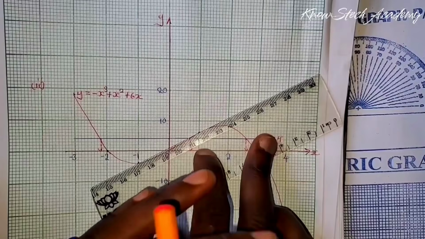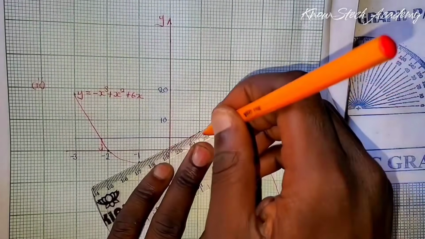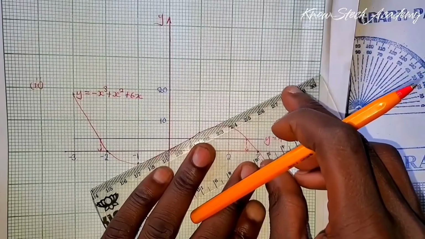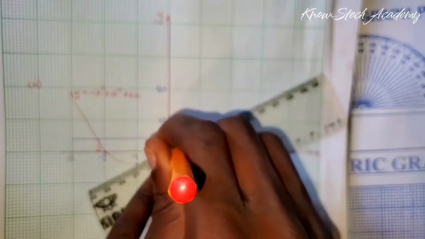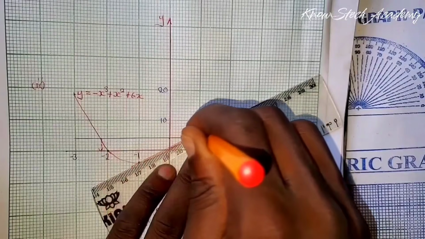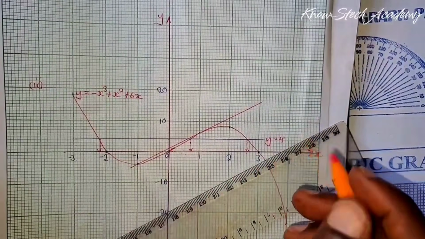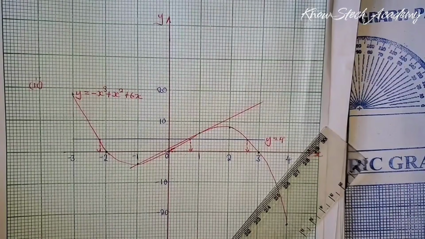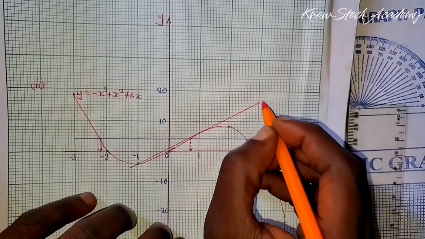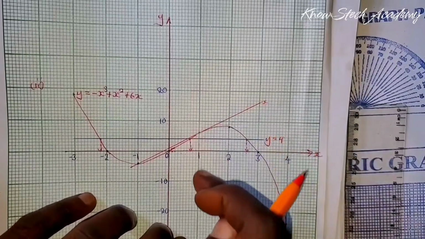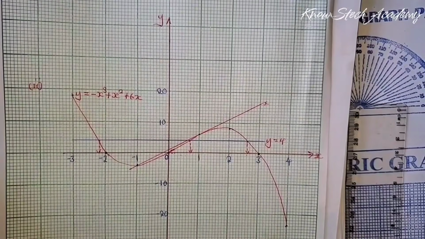We're going to draw a line touching that single point on the curve where x is 1, like that. So this is the line, and x is 1, not the straight line.